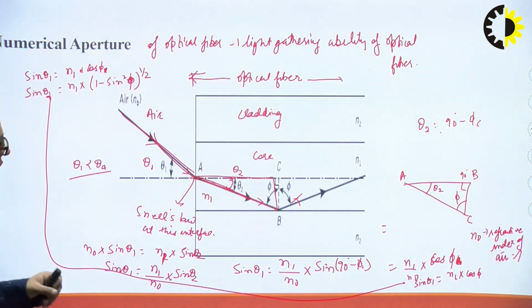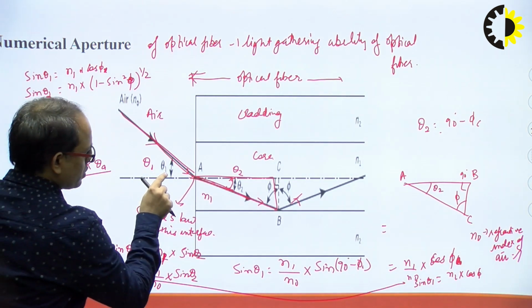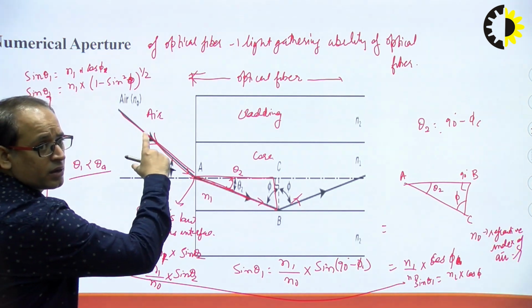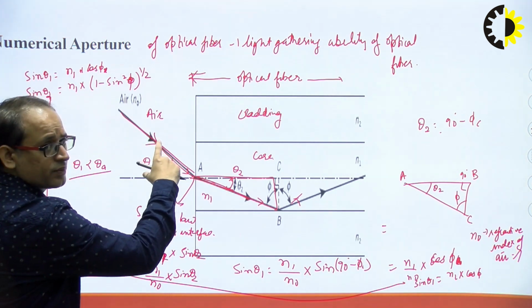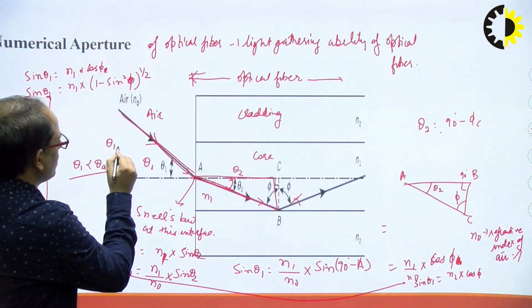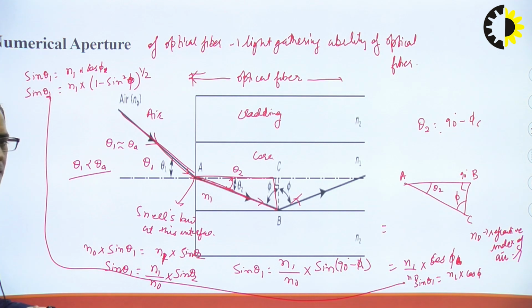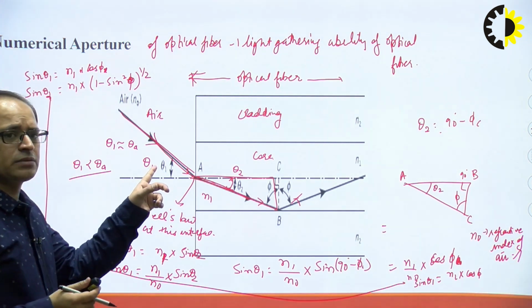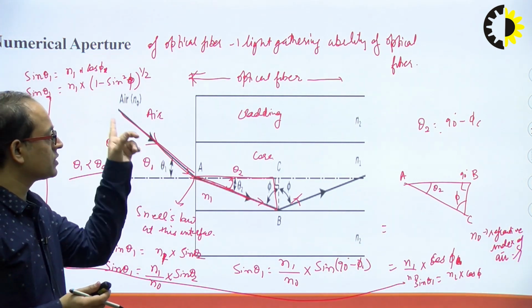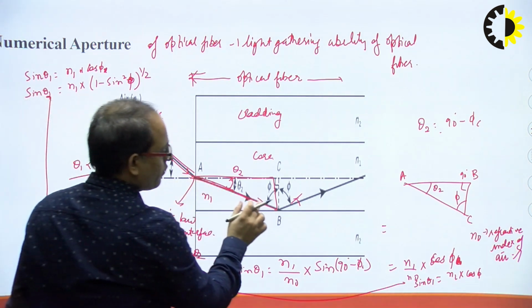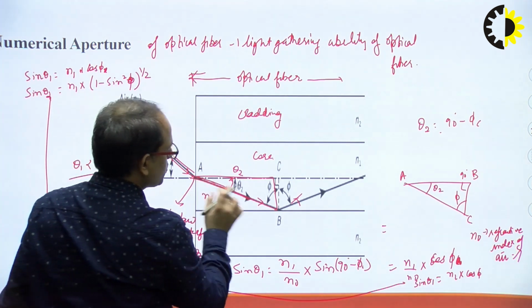Now for the limiting case, if I say this theta 1 is at the maximum acceptance angle, then theta 1 will become equal to theta A. This also will perform total internal reflection at this point.